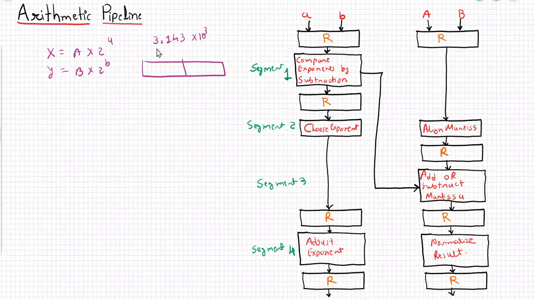Then this will be normalized to 0.3143 and 10 raised to 4. This is how it will be converted. On one location 3143 will be stored, and on another location whatever exponent is there will be stored.